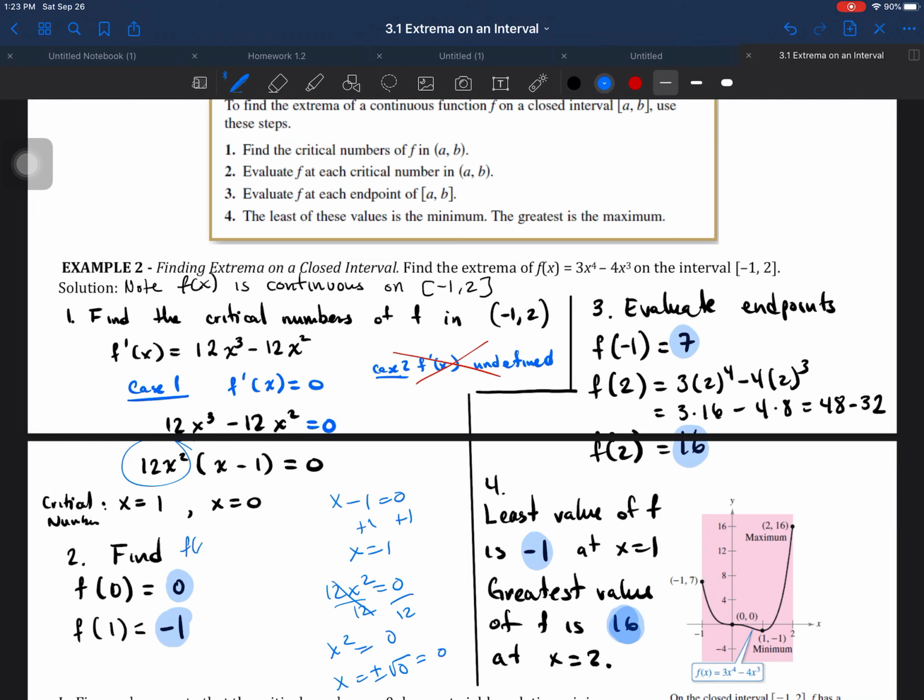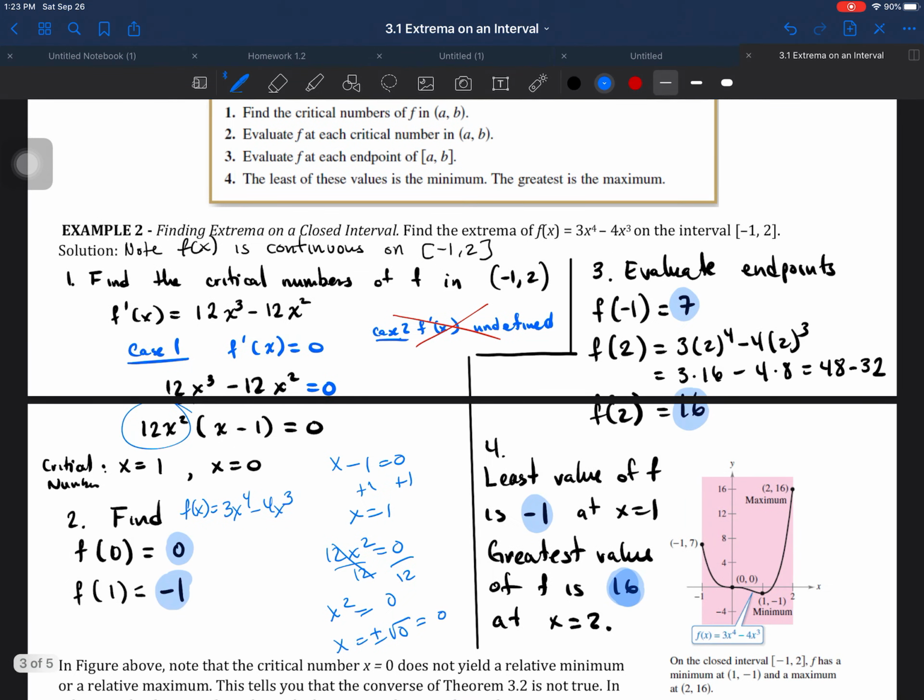Using f of x equals 3x to the 4 minus 4x cubed, right? Plug in 0 here, 0 there, and 0 there will give us 0. Plug in 1 there, 1 there, 1 there, that will give us negative 1. So that was the second part.